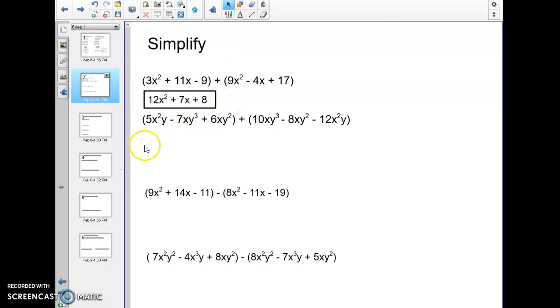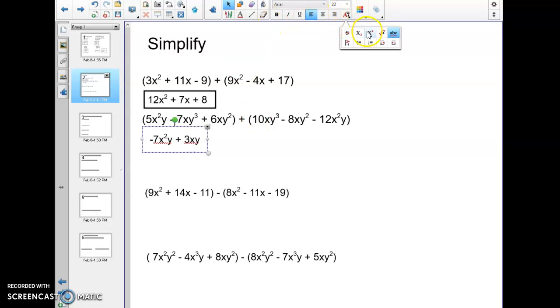Here we're also combining like terms. 5x squared y combines with negative 12x squared y, so that's a negative 7x squared y. And then negative 7x cubed minus 8x, negative 7x cubed plus 10xy cubed becomes plus 3xy cubed.